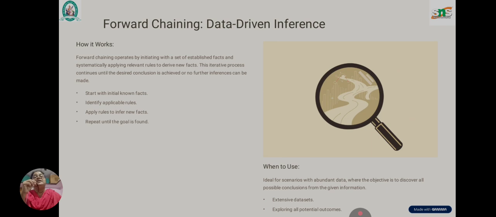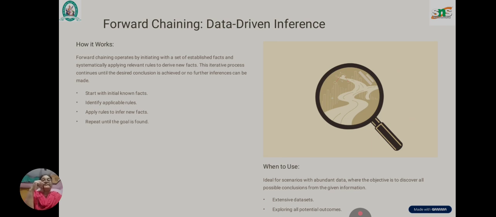Let us see how forward chaining works and where to use it. Forward chaining starts with the known facts. We initially start the process from the known facts and apply the rules.